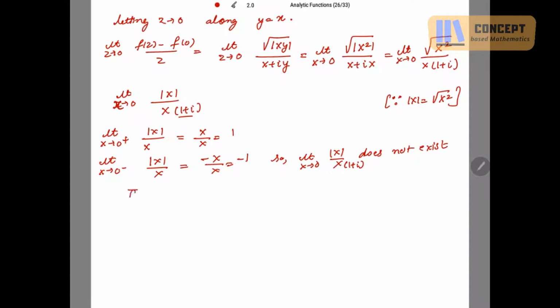Thus limit z tends to 0 of f(z) minus f(0) over z does not exist.